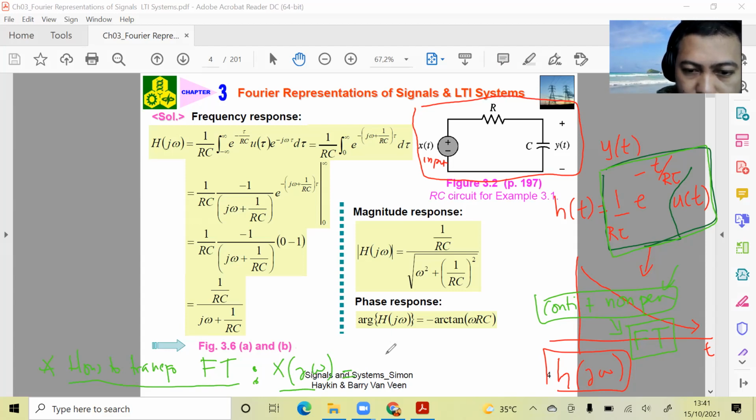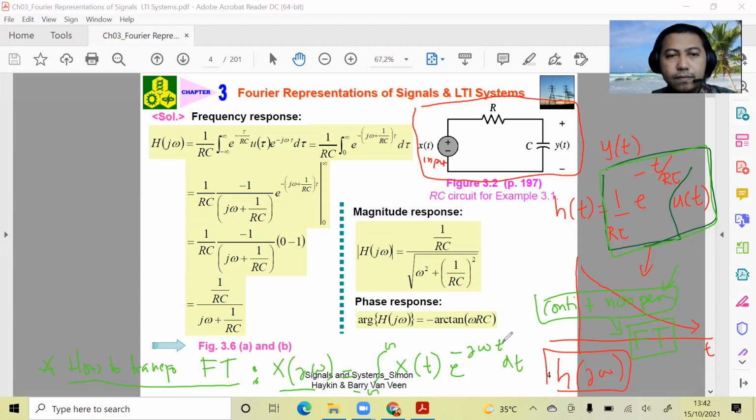This is the integral from minus infinity to positive infinity of x(t), the signal in time domain, times e^(-jωt) dt.